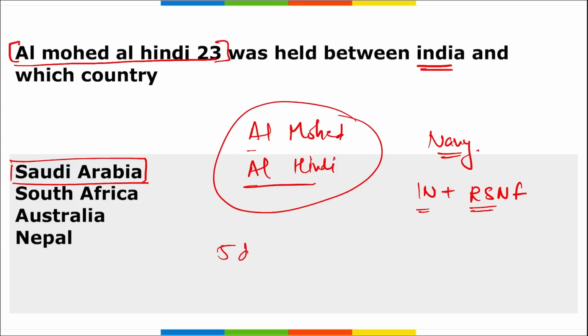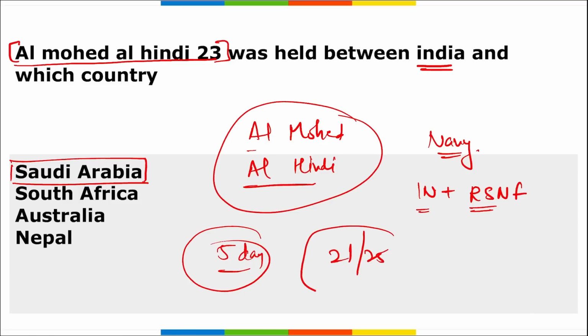This was a 5 day long bilateral naval exercise held between India and Saudi Arabia, between 21st to 25th of May, and the location of the exercise was Saudi Arabia. Very important. Now, apart from this, remember the first ever edition of this exercise was held in 2021.